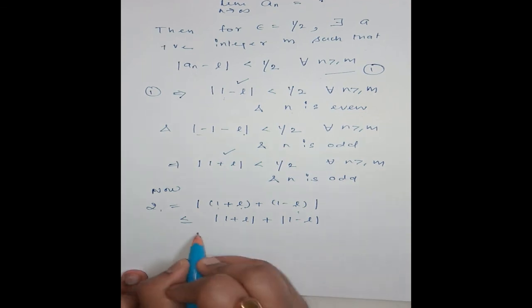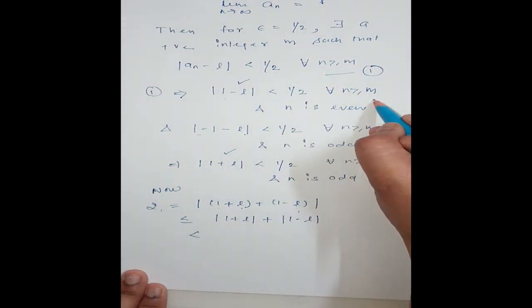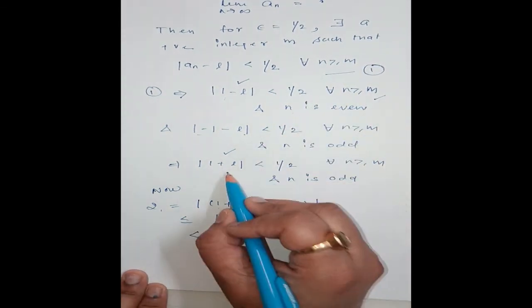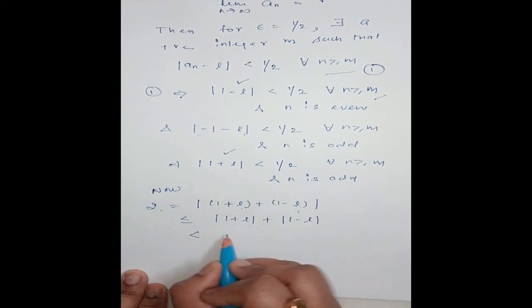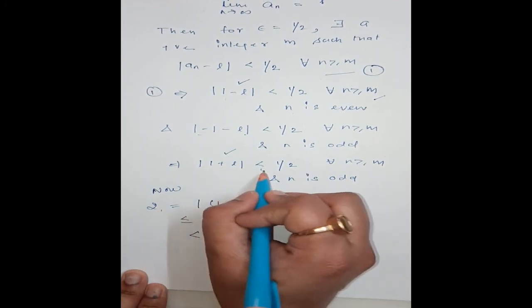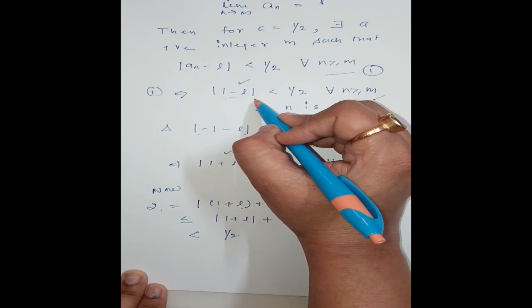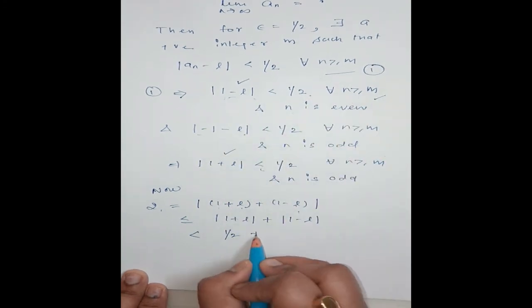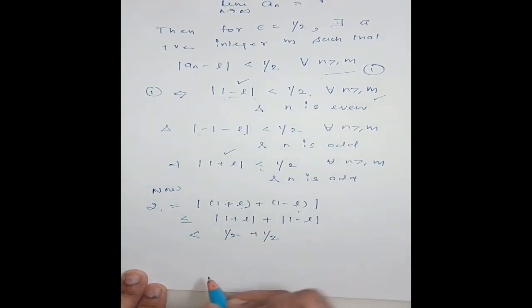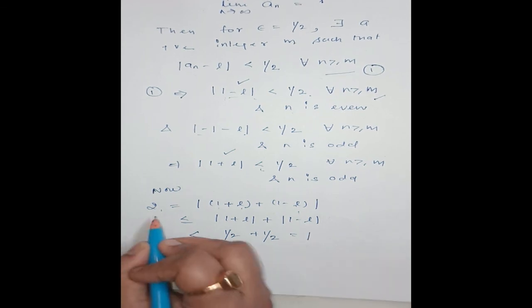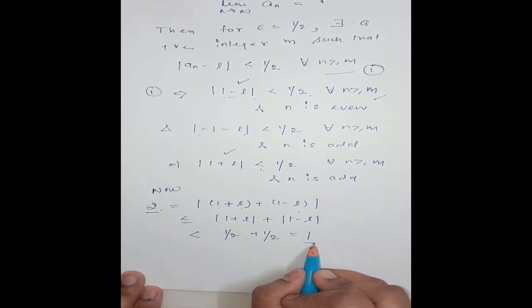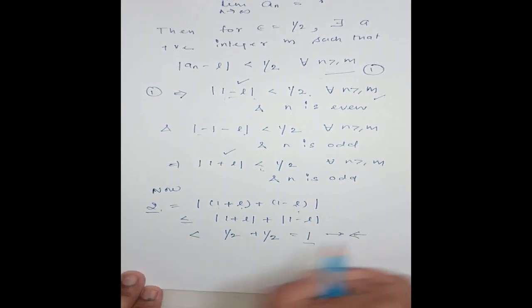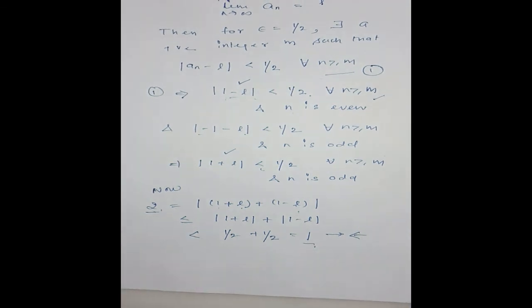Now this is strictly less than, from here, mod 1 plus L is strictly less than 1 by 2, and mod 1 minus L is strictly less than 1 by 2. So we are getting 2 is strictly less than 1, which is a contradiction.